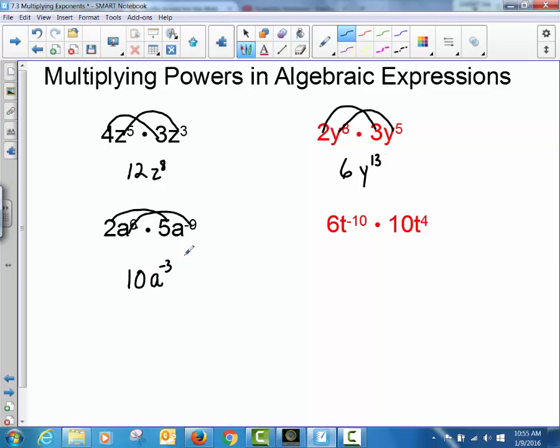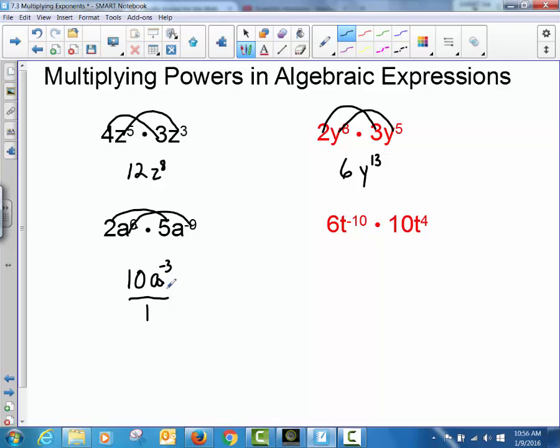Now, something that's of note here that you're going to have to get used to is that whenever you're writing powers, for them to be in simplest form, it has to be all positive exponents. Okay, this is a negative exponent. This is 10a to the negative 3rd over 1. To make it positive, whenever you change a power from one side of this divisor line to the other side, it changes the sign of the exponent.